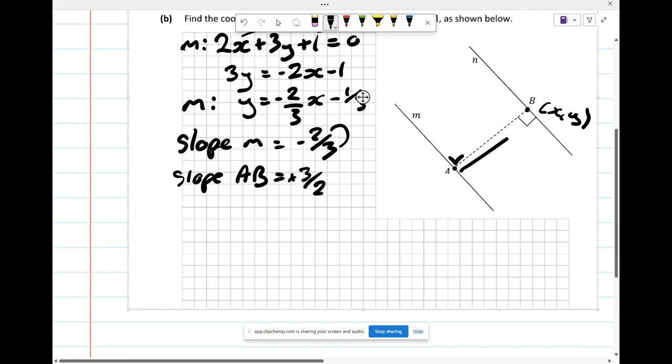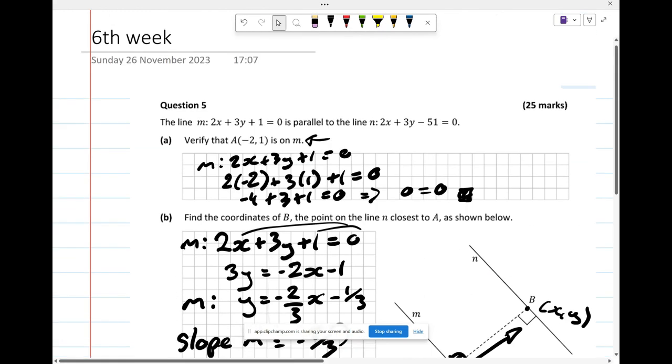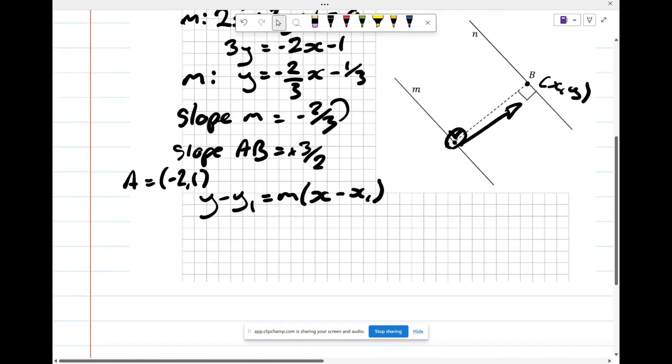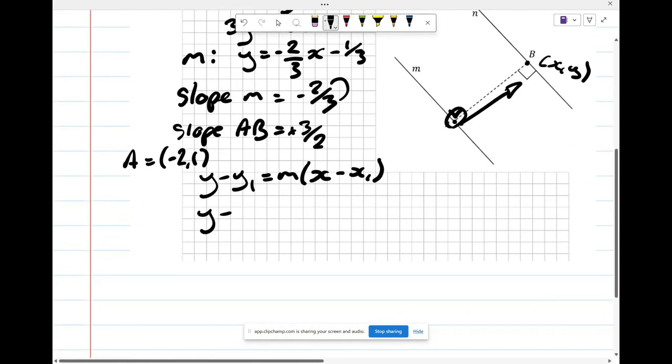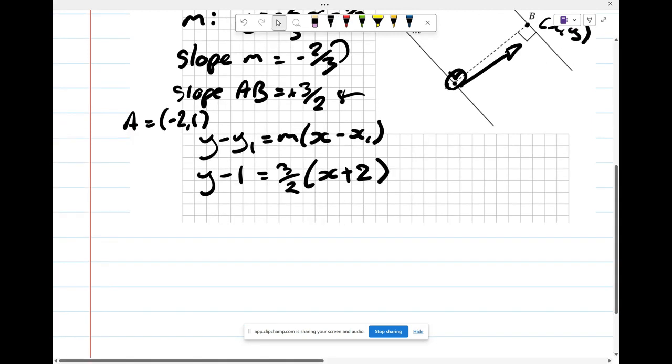Okay, so we have a slope for AB, and we have a point for AB, so that's all we need. We can use our formula y minus y1 equals m times x minus x1. Well, our point A is going to be minus 2, 1. That was given to us up here. So we're going to sub this in. So that's y minus 1 equals m, and our m is going to be 3 over 2, we figured that out, times x minus minus 2, so that's x plus 2.